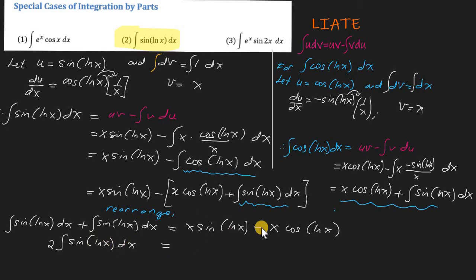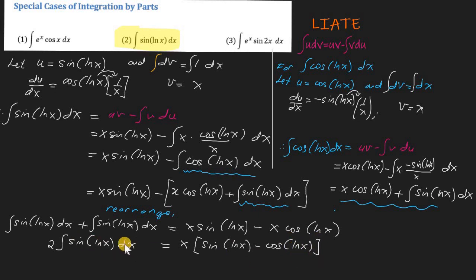As for the right side, here we have x sine ln x and x cosine ln x. Maybe we should factorize it so that it will look nicer. Here the angle is ln x. Do not factorize ln x. Definitely cannot. The sine cannot just stand alone. It has to have its angle.